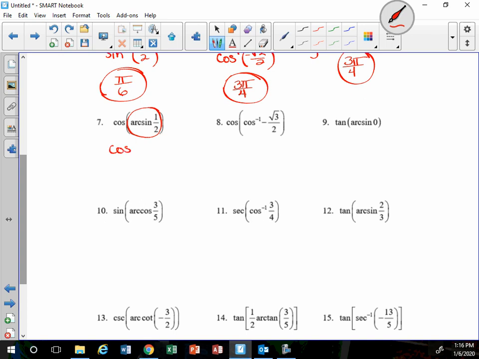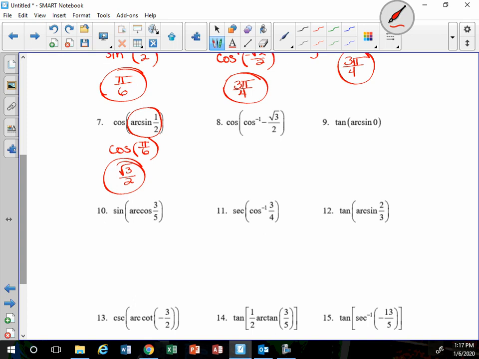So I am now asking you the cosine of pi over 6, which is root 3 over 2. Good. Guys, if you don't know your unit circle and you don't know your trig values, this is terribly hard, okay? If you do, it's really not that bad.